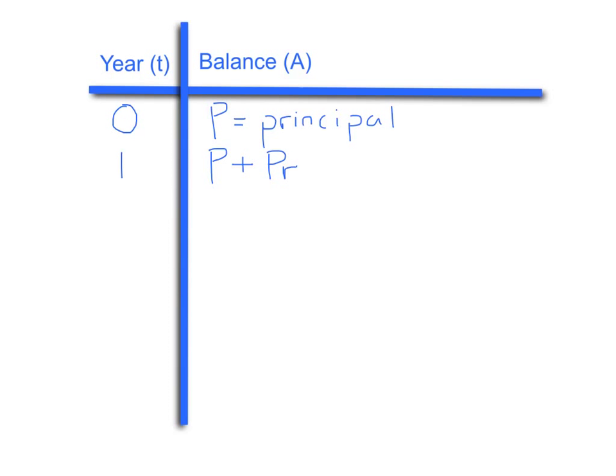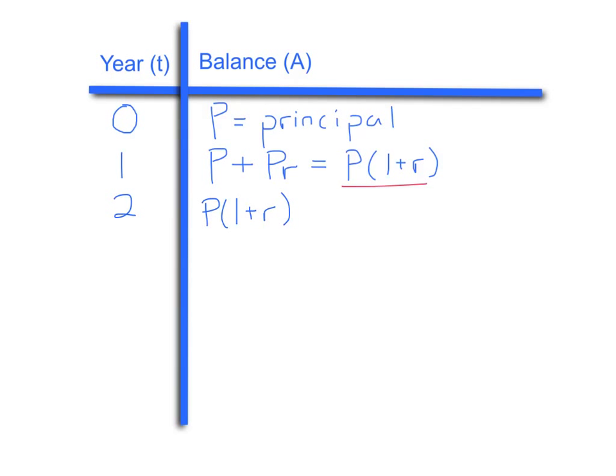Now if we factor out like we did on the previous page, we can make this P times 1 plus R. So you see the same thing in general that we had on the previous slide: we've got our principal times 100 and R%. So that's what we'd have after 1 year. Now after 2 years, we would have this same amount here, but we would earn interest on that.